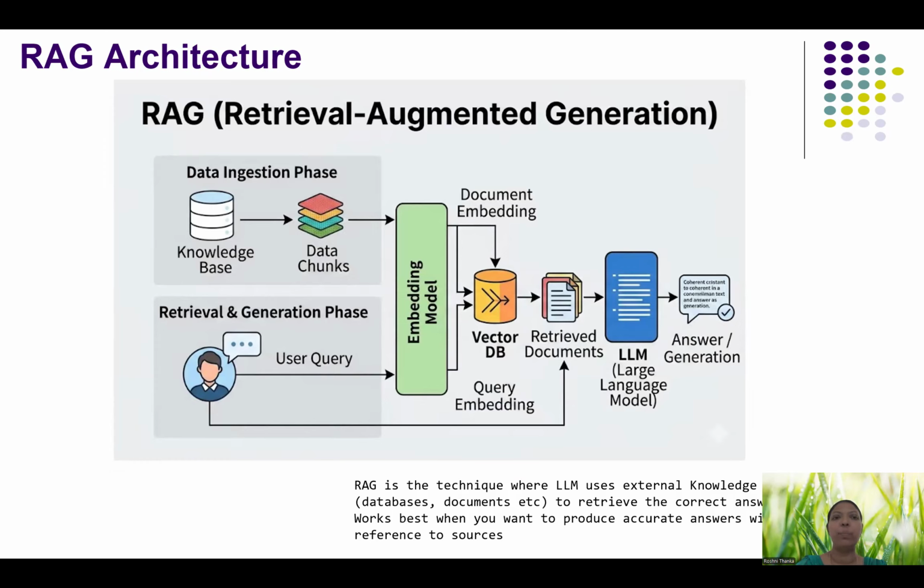This is the workflow. For example, consider it's medical data, for a particular disease or a particular organization, whatever it may be. That is our knowledge base. All the medical related data will be in the knowledge base.